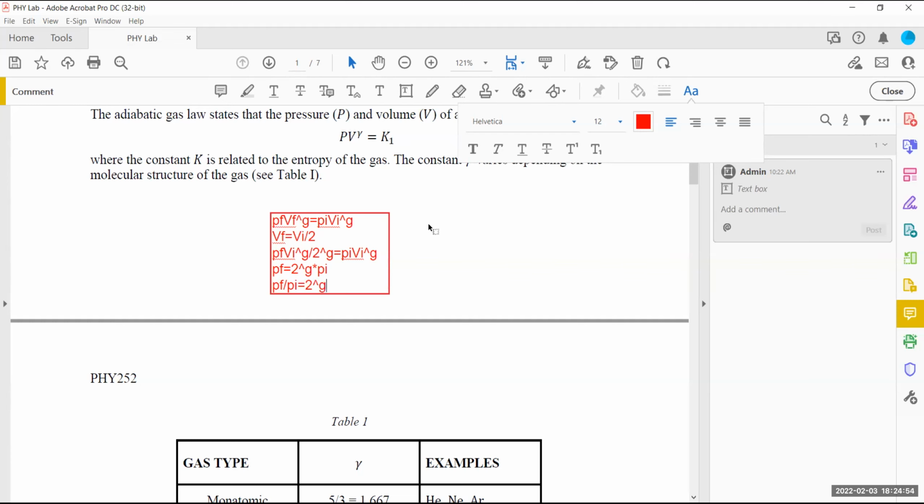So the pressure will increase by 2 to the power gamma, where gamma is 1.67 for a monoatomic gas, 1.4 for a diatomic gas, and roughly 1.3 for a polyatomic gas. So all you're doing is finding 2 to the power 5/3, 2 to the power 1.4 and 2 to the power 1.3, and finding where the highest increase in pressure is going to be. So that's the question. Does this question make sense to you guys?